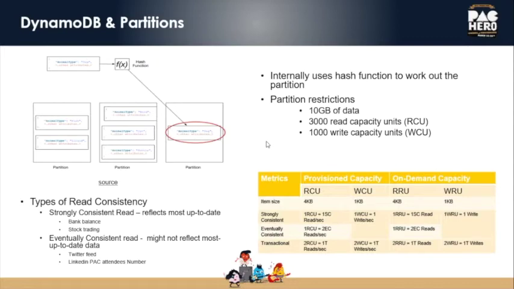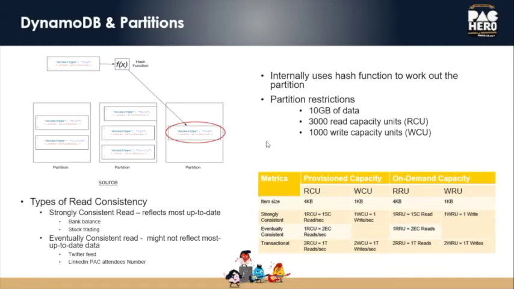This information is really, really critical when you're looking at cost optimization because it can impact how much you're paying for DynamoDB usage. And if you're doing a transactional read or write, they're even more expensive. So basically you need 2 read capacity units for 1 transactional read per second for provision capacity.